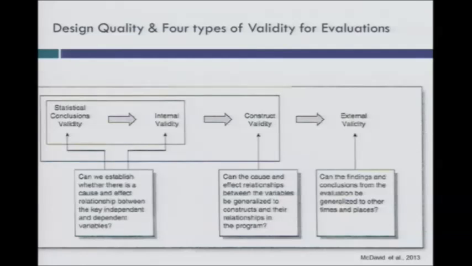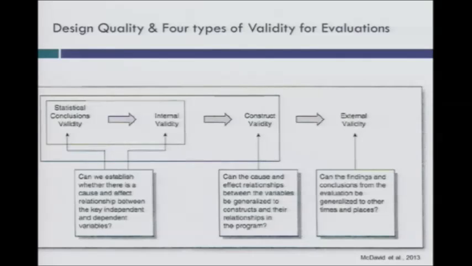And then there's external validity, which assesses the degree of confidence that we have in generalizing our findings to populations or settings that are similar to the ones that we're studying. So outside the program, there's external validity that we want to think about too. Our designs differentially affect internal and external validity, so we have to pay attention to those.